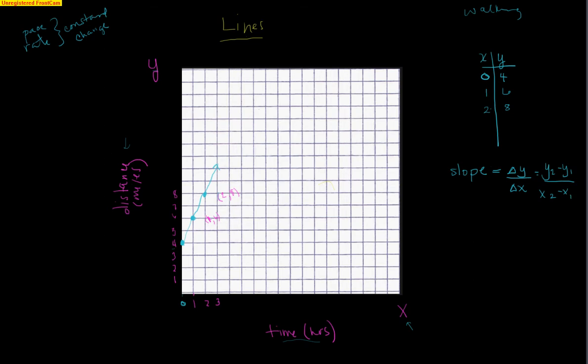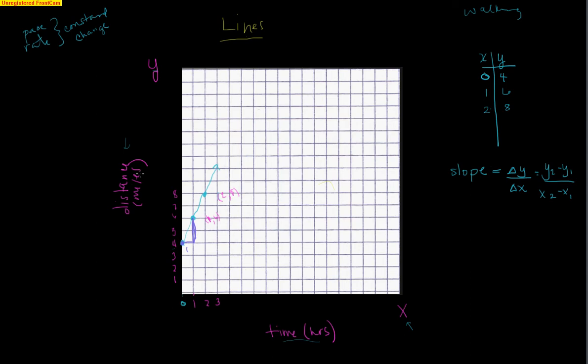And what does that mean? Well, it means, if I'm starting here, how far do I go over and how far do I go up? So, for example, from this first starting point, to get to the next point, I went over by 1 hour. After 1 hour, I've walked how many miles? I've walked 2 miles. I've gone from mile 4 to mile 6.